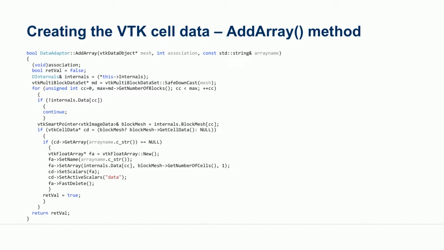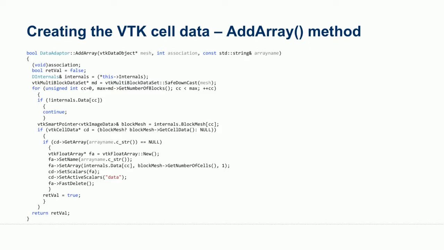And this call is sometimes necessary. Set active scalars tells VTK, when you're using VTK pipelines, there's this concept of active scalars and active vectors. When you set something to be active, that's what gets processed when you connect filters that require a specific array.